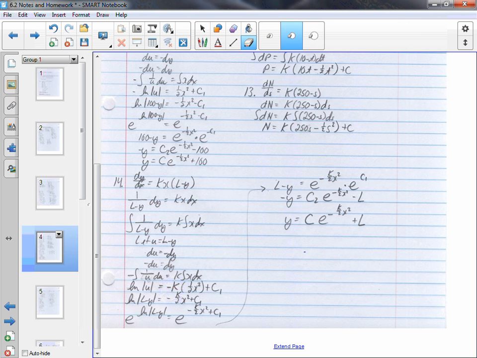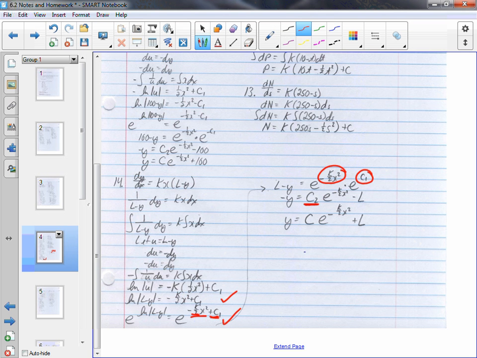Put the L minus y back in for u. Exponentiate both sides so that I can get the y out of the exponent. On the right side, we've got e to the two things added together, so make it e to the first one times e to the second one. e to the C1 is itself a constant.